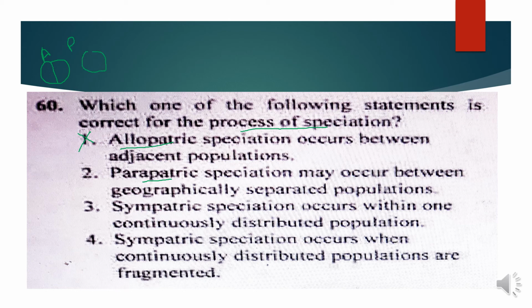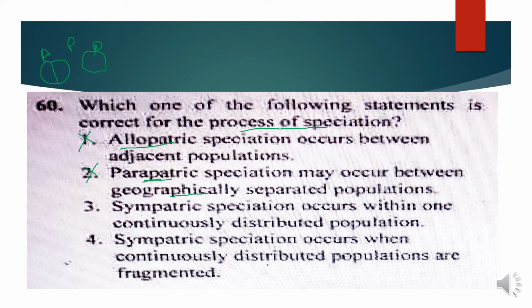Just one population moves to a peripheral surrounding habitat, and they can travel back and forth from the parent habitat to the new habitat. So there is no geographical barrier, and the second option is also wrong.